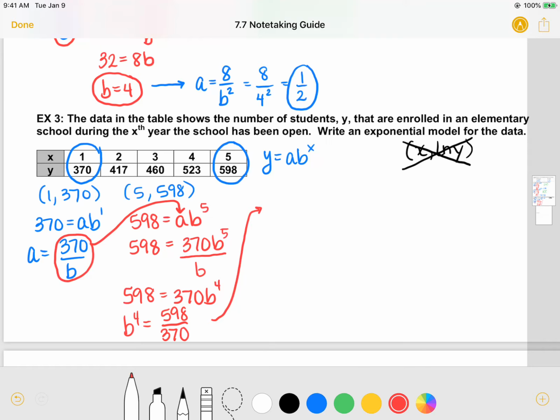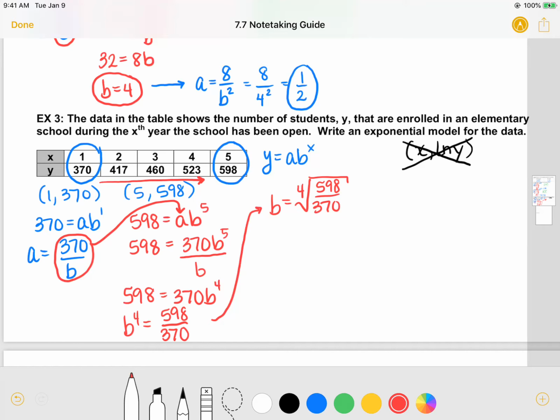So B is equal to the fourth root of 598 divided by 370. Now, technically, we would want to put a plus or a minus there, but we can see that this is exponential growth, and our base B is going to be a positive number that is greater than 0 and greater than 1.